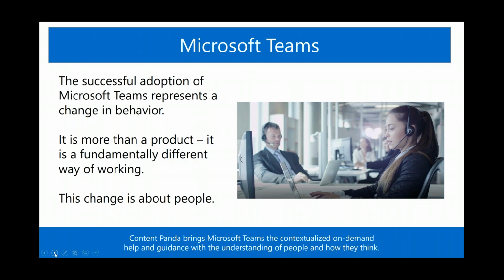And what we're really excited about with Content Panda is that we're bringing that contextualized, on-demand help and guidance with the understanding of people and how they think. When you're bringing some sort of training into it, it's really making it easy for them to get through the training or the 1, 2, 3 step information that they need. When you're doing adoption, just throwing software out there for people to use is not the way to do it.